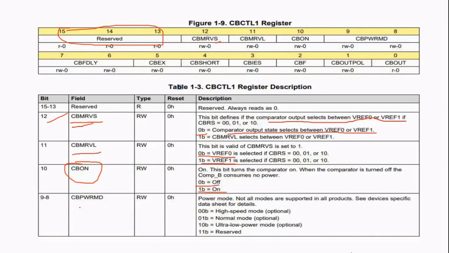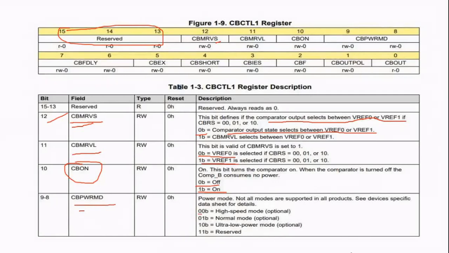Now comes to the CBPWRMD, that is called comparator power mode. Not all modes are supported in all products. You can see the device-specific datasheet for that. For different components, you require different power. This is of 2 bits.